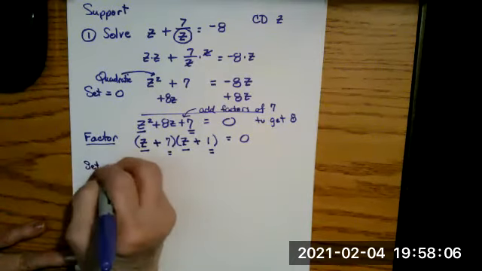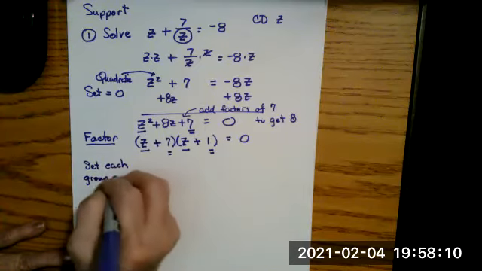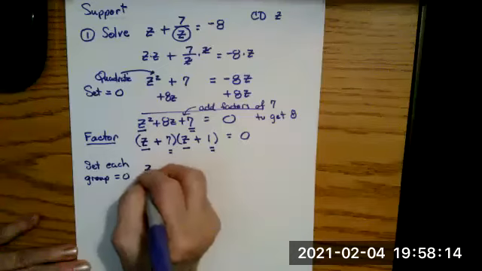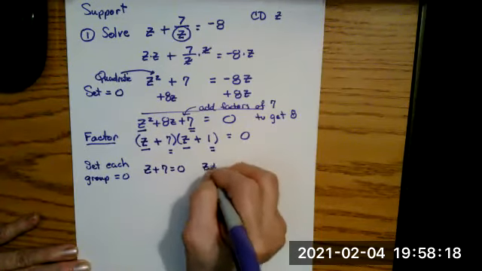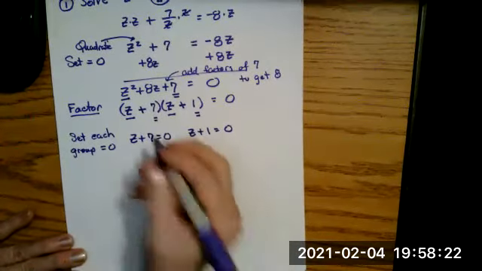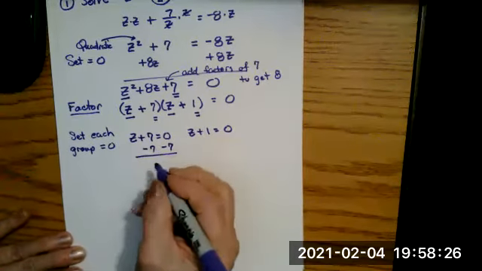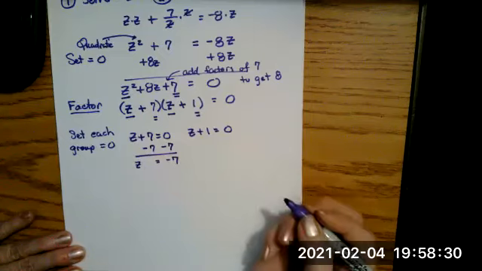Now you set each factor, each group, equal to 0. So I'm going to set my z plus 7 equal to 0 and my z plus 1 equal to 0. And then I solve each one of them. Subtracting 7 from this side gives me -7 for one answer.